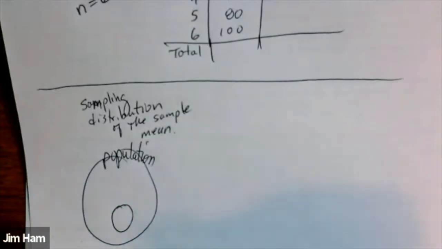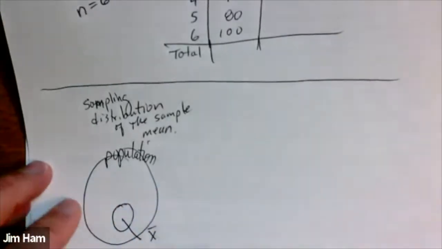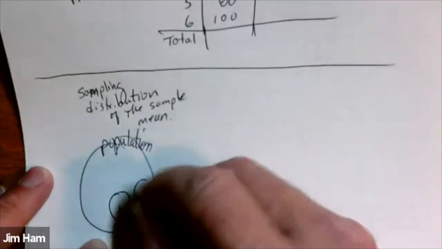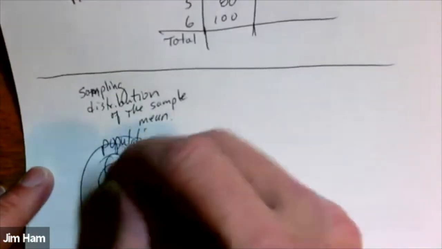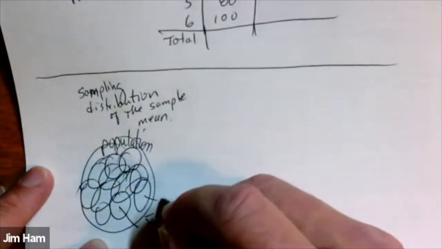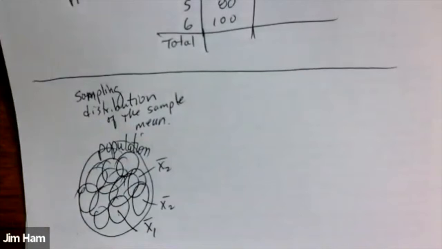And then they gave me the mean, and I plotted the means. So this is just one sample, but I'm going to pick out the sample mean from that sample. Then I'm going to do it again. Then I'm going to do it again. And I'm going to take all these samples from the population and record the mean over and over again. So we're going to get X1 bar and X2 bar and X3 bar and so on. We're calculating a bunch of means, and what we're interested in is drawing the graph of all those means.